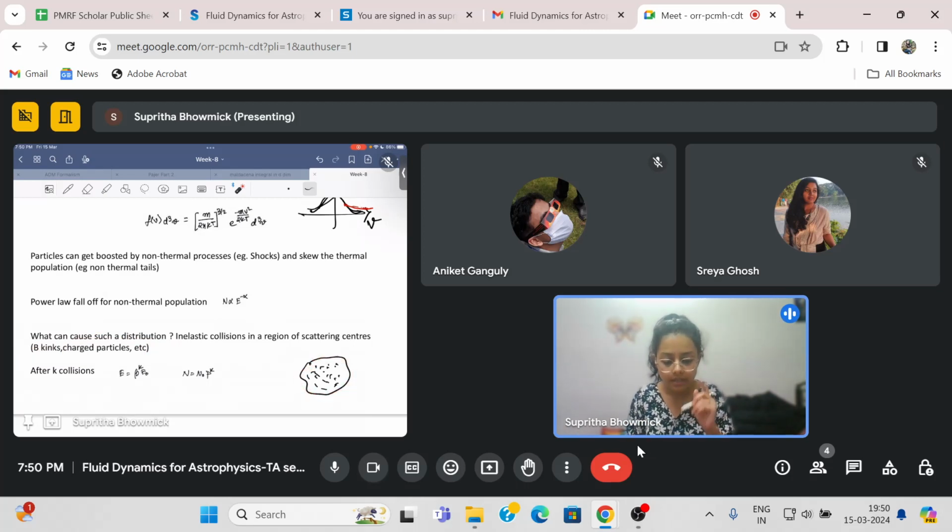Okay. And if we call P the probability of this particle to stay inside this region after each collision, because the particle can of course get scattered out of this region, and beta is the energy gain in each collision, then E, the energy of the particle, will be multiplied by beta each time it gets scattered. After k collisions, you keep multiplying by beta k times to the original energy the particle started with, and you get the final energy after k collisions to be beta to the power of k times E0.